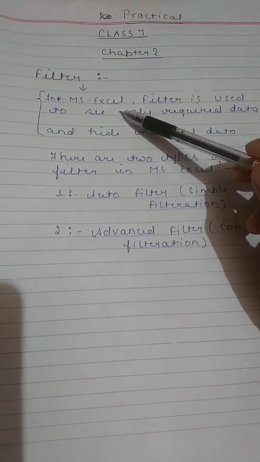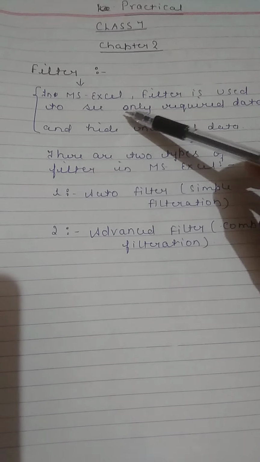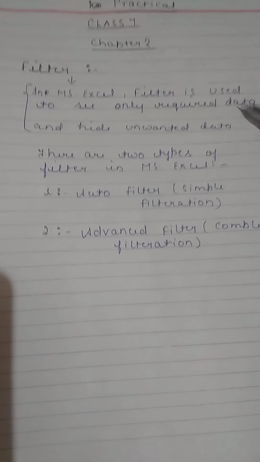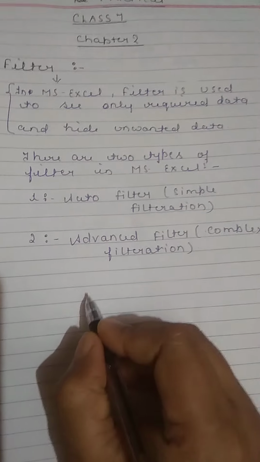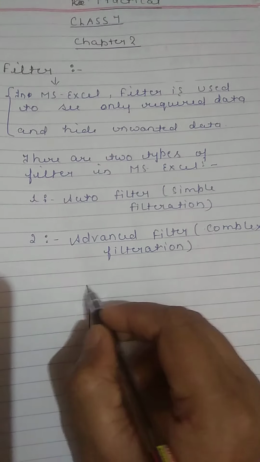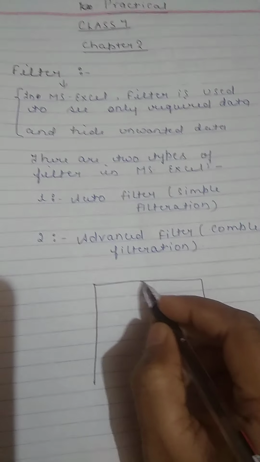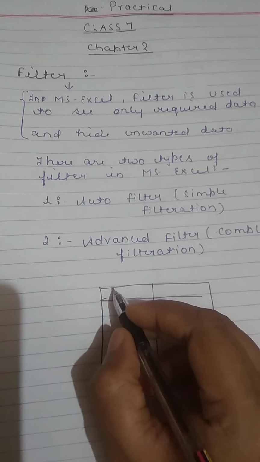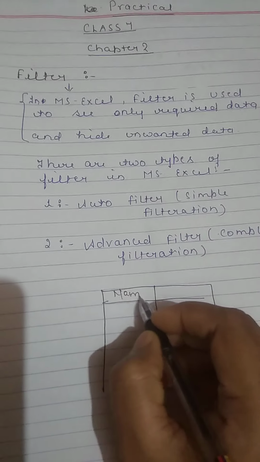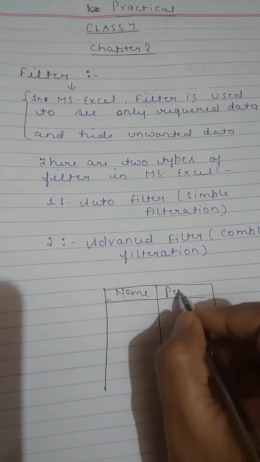Generally in MS Excel, filter is used to see only required data and hide unwanted data. For example, we are having data like this, in which the first column I maintain their name and in second column I maintain their percentage.